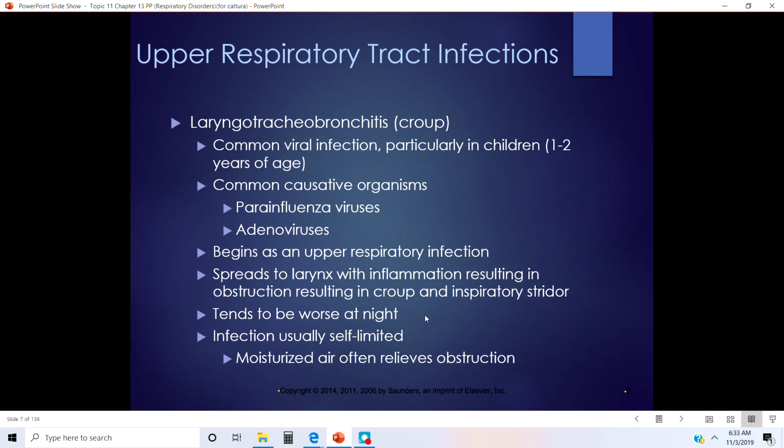Our immune system takes care of it, and we usually get over it. One of the things that's helpful is to use a humidifier and to humidify the air. Cool, moisturized air helps to open up some of that obstruction so that the child can breathe a little bit easier. Okay, so this is laryngotracheobronchitis, right? Much easier, croup.